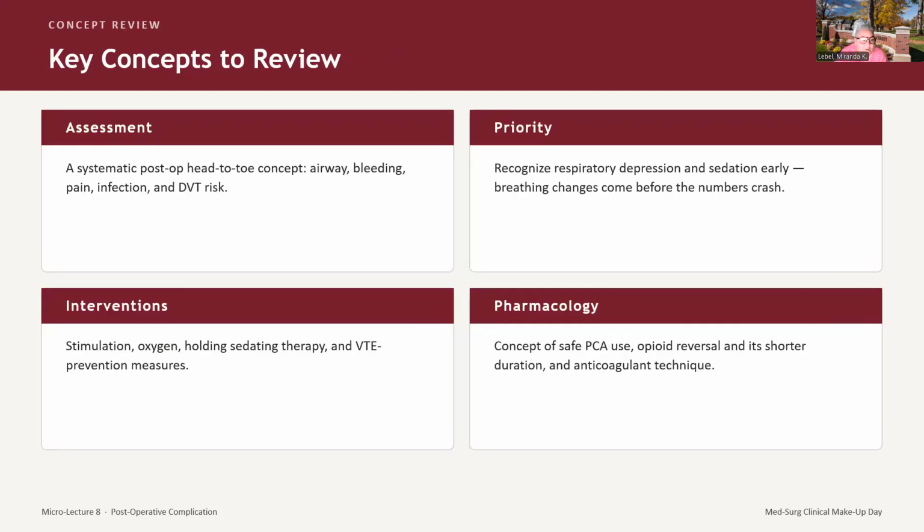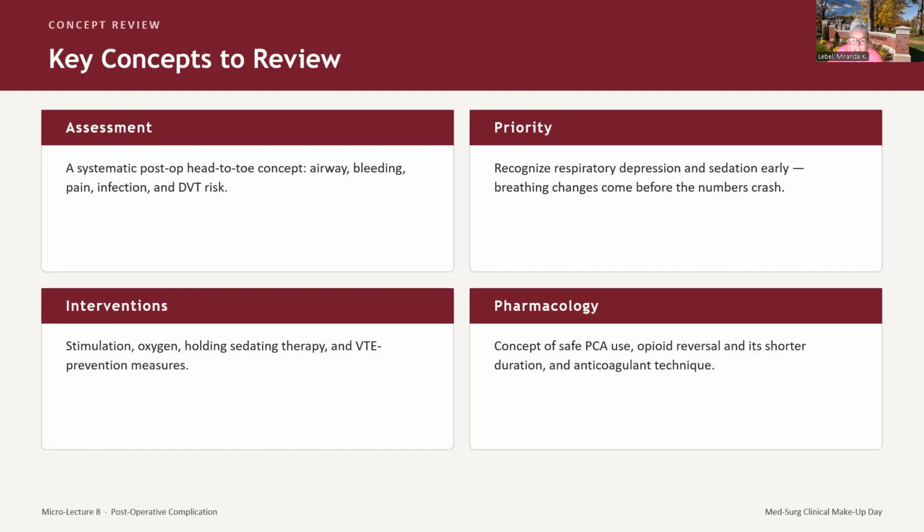Our key concepts to review here are a systemic post-op head-to-toe assessment. We want to focus on airway, bleeding, pain, infection, and DVT risk. For our priority, we want to recognize respiratory depression and sedation early. Breathing changes come before the numbers crash, so make sure you watch that work of breathing.